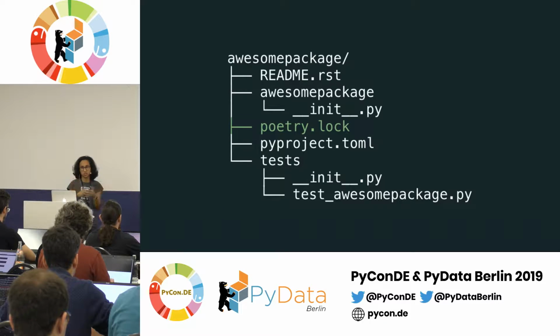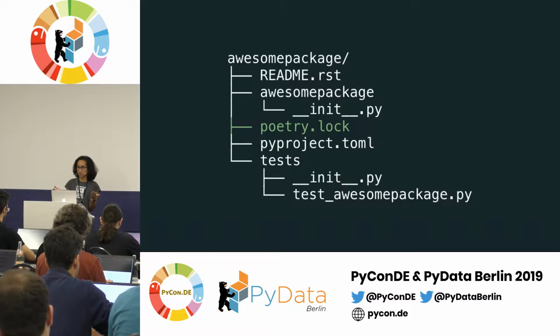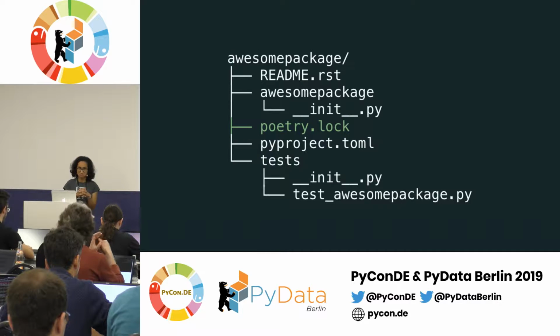This just makes sure that everyone is working on the same dependencies with the right versions. You can think of it as similar to the Pipfile.lock, or I forgot what it is in JavaScript, but package-lock.